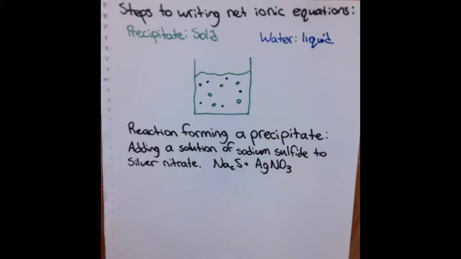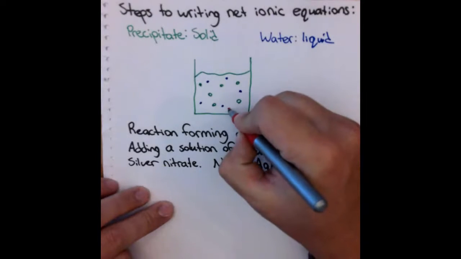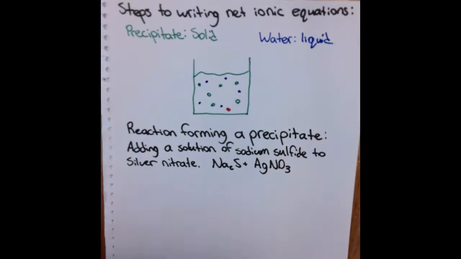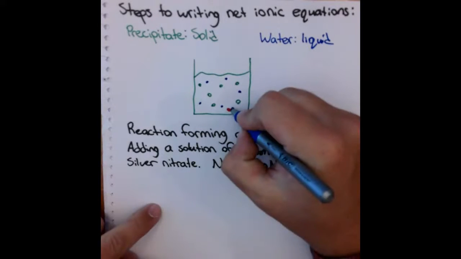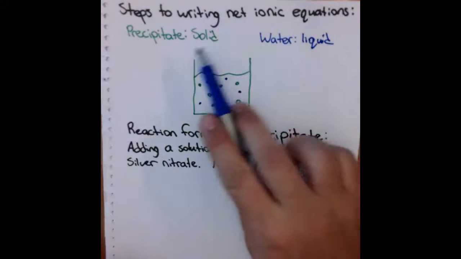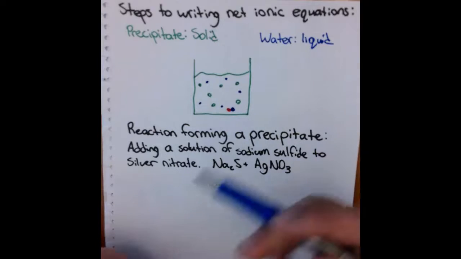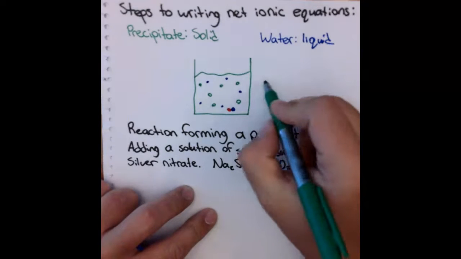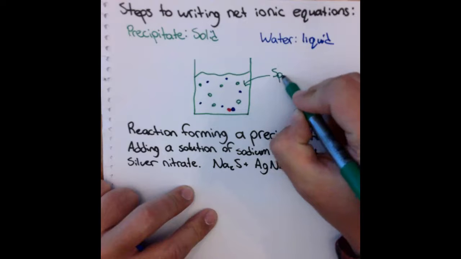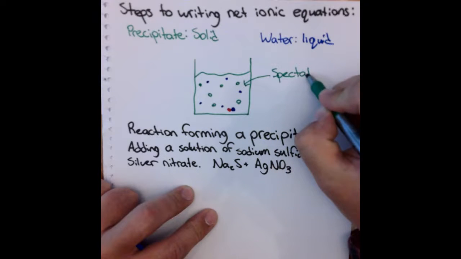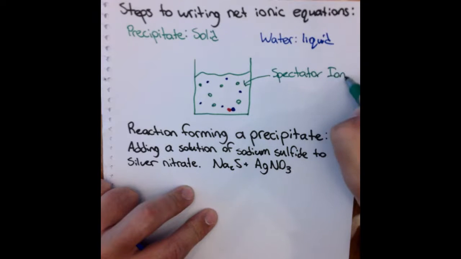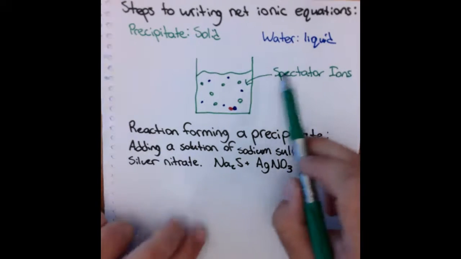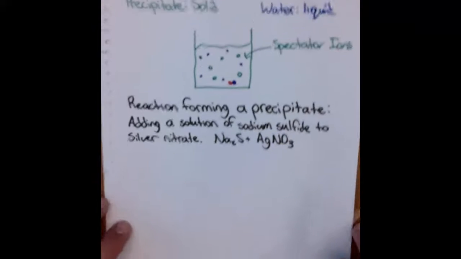The only time that a reaction is actually going to occur is if some sort of compound, let's say a red and a blue, form and either make a liquid, a solid, or a gas. Because if not, these are all still just spectator ions. There is no reaction occurring whatsoever.